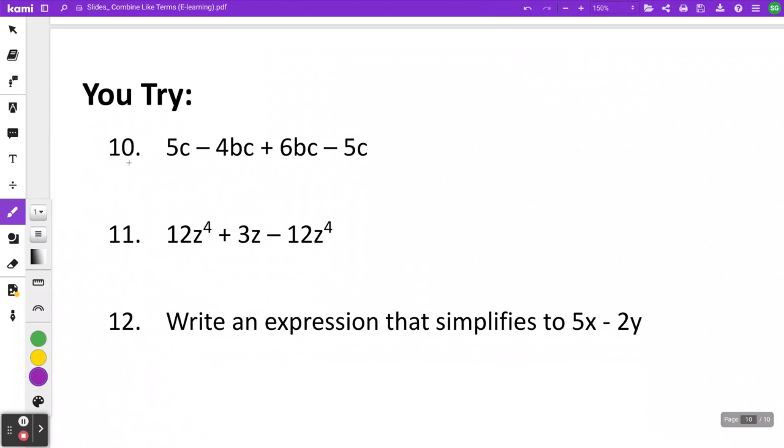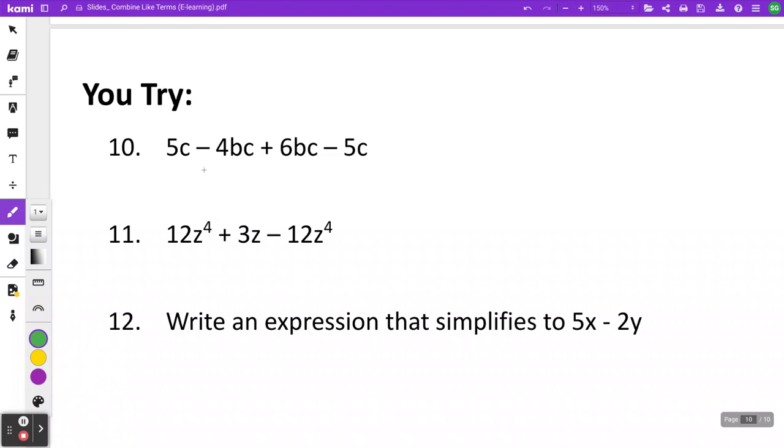For example, for number 10, we have this expression 5c minus 4bc plus 6bc minus 5c. If I want to simplify this expression, I'm going to approach it the same way we were doing before. I want to look and see what terms I can combine.